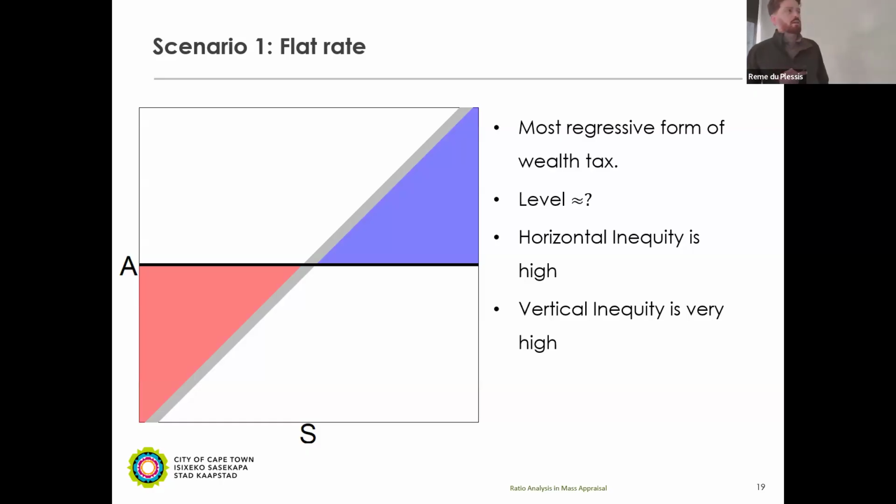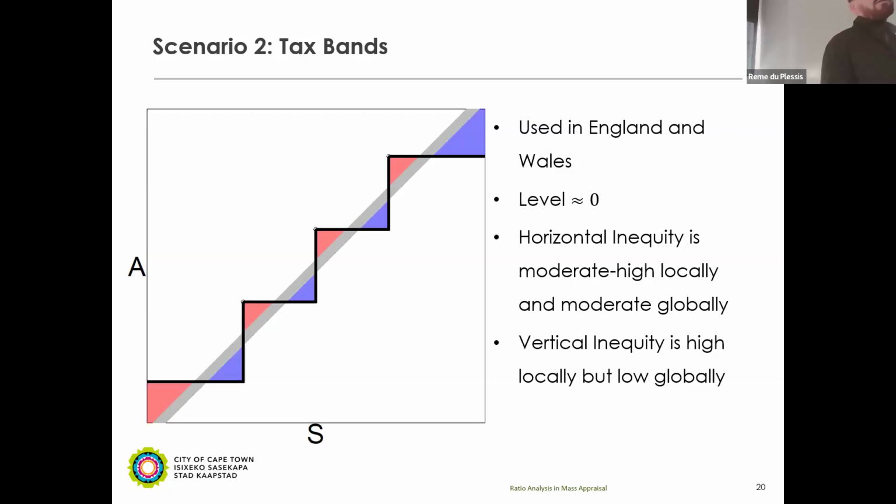Then the second option would be to use tax bands. So this is what they have in the UK, where your property is allocated to a certain tax band and everyone in that tax band will pay the same rate.